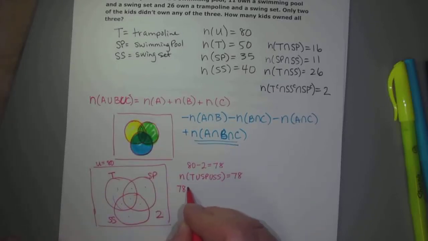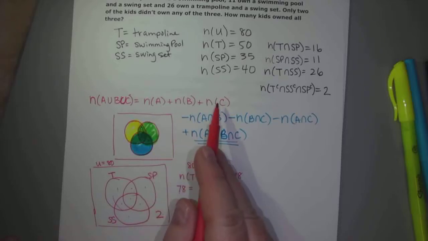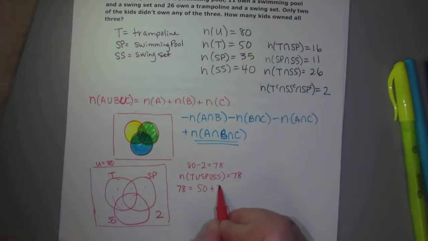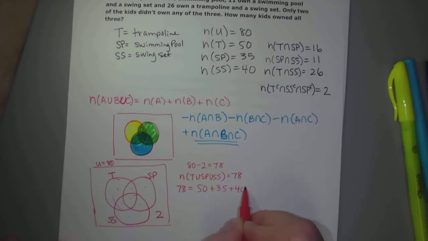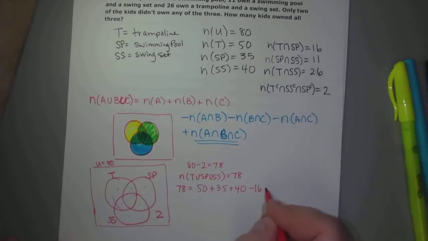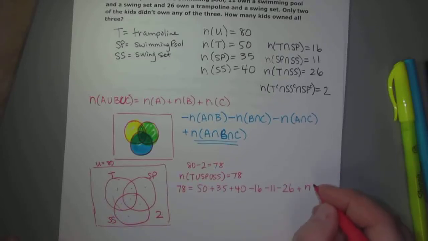So filling in our formula, we'd have 78 equals A plus B plus C, so add each of them up. 50 plus 35 plus 40. Take away all of the intersections, which are these 3, 16 minus 11 minus 26, and we need to add back in the very center, and that's what we're looking for.